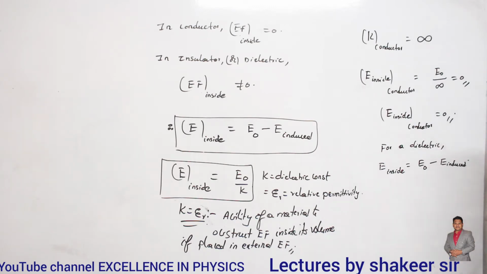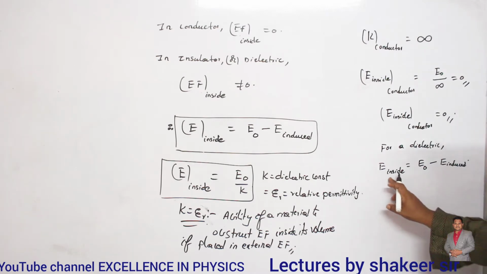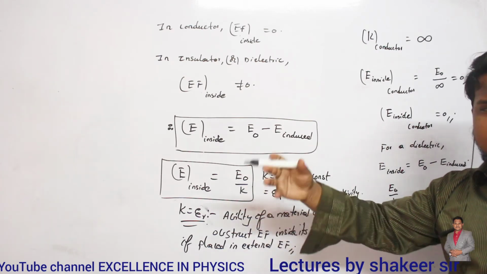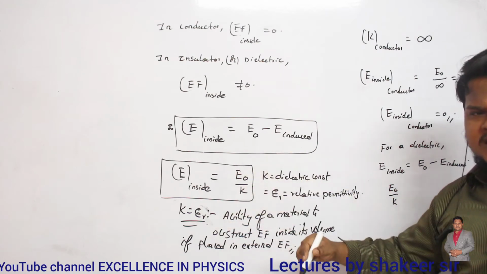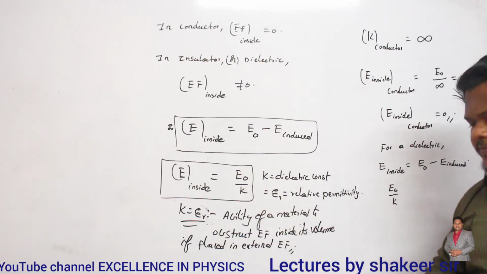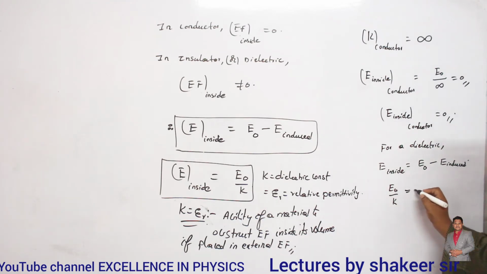Are you able to understand? So the electric field inside I can write as E naught divided by K. This is one standard formula. So the total electric field inside the volume of any body placed in an external electric field is equal to E naught divided by K. Therefore, it equals E naught minus E induced.